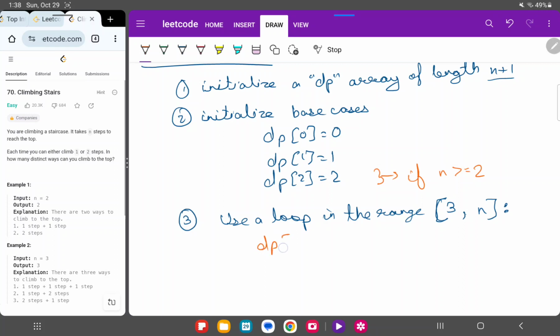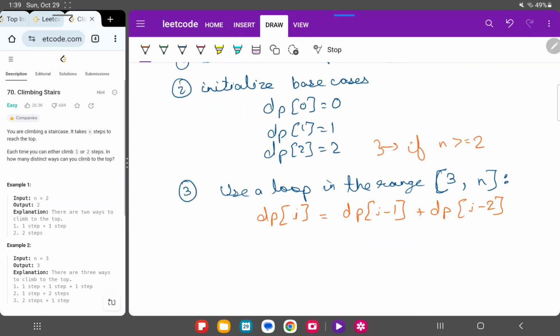For every dp, let's say i is the index that you're using, dp i should be equal to dp i minus 1, the ways to reach one step before it, plus dp i minus 2, the ways to reach two steps before it. This loop should run till value n, and once we have finished this loop, we need to return dp n, which is where the solution is stored.